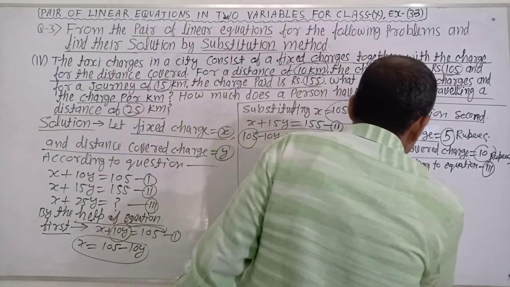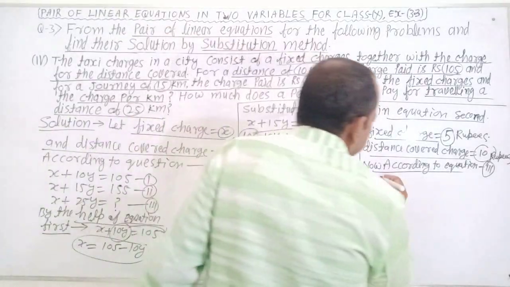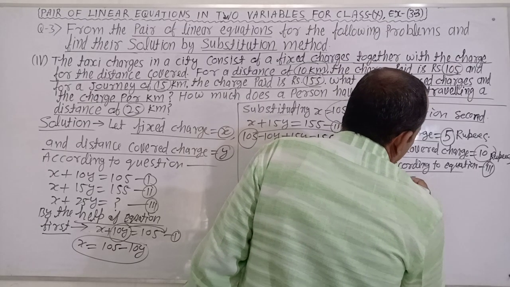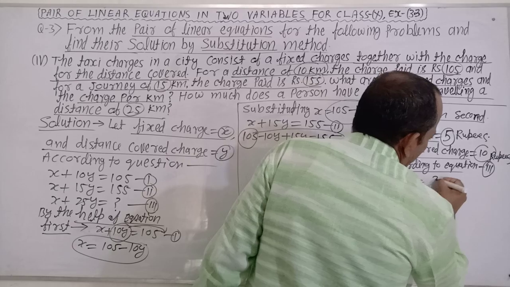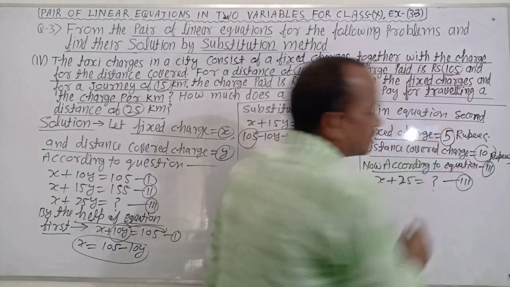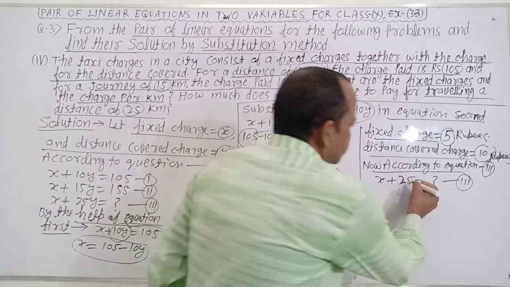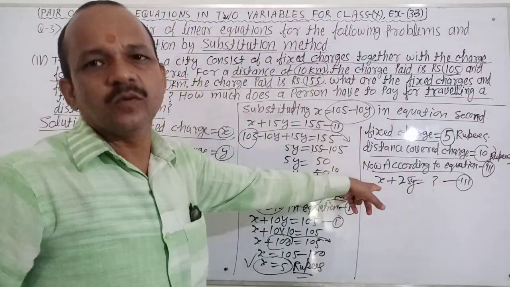Equation third is x plus 25y equal to question marks. You put the value of x and y.